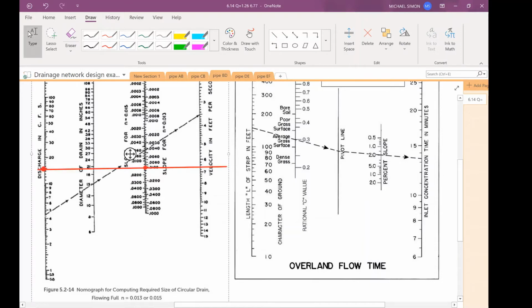Looks pretty good. Okay. So the first thing I always want to check is my velocity, because if I'm over 8 feet per second, I got to go something different, because that's going to be a big problem. With 8 feet per second, the reason we don't want to use that is the sand and grit that gets carried by the water will actually scour out the bottom of the pipe and cut it open, especially with the plastic pipes.